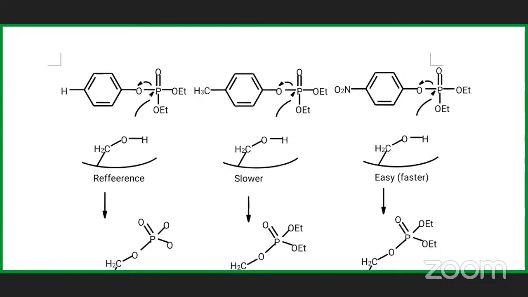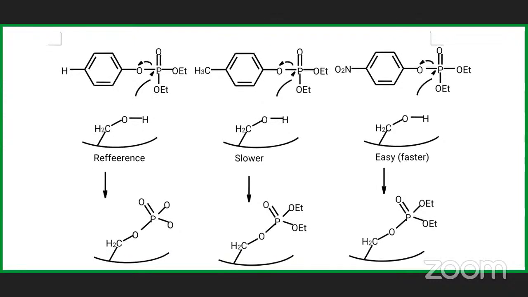When the para position is substituted with a methyl group, the rate of hydrolysis is slower, meaning it is decreased. And when the nitro group is taken at the para position, the nitro group is more electronegative. Methyl is an electron-donating plus M group, and nitro is a minus M group.